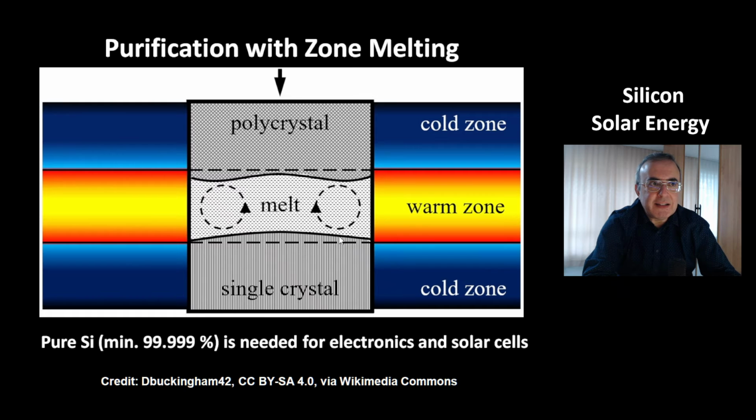And as soon as it leaves the warm zone, the crystallization starts, and the impurities stay in the warm zone, in the molten zone. And the trick is you can do this several times with the same silicon piece, and this gives you a very pure silicon. And at the end of the process, you just have to cut the top part with the impurities, and that's how you make a very high purity silicon.